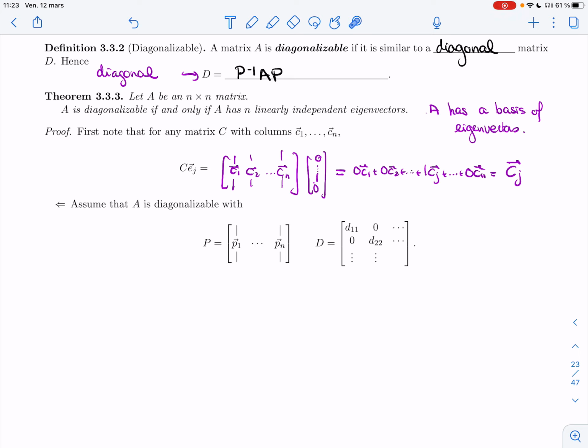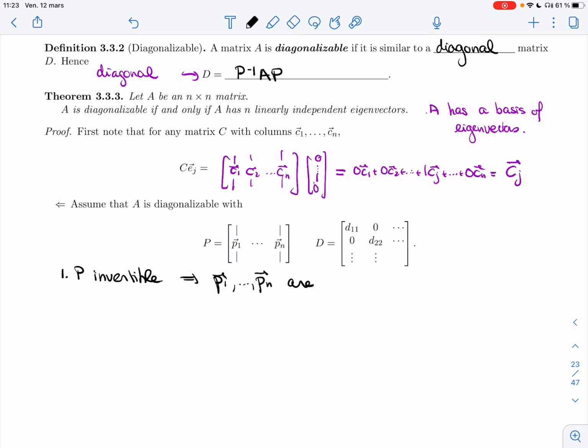All right, so assume that A is diagonalizable, and assume that I have the change of basis matrix P and I have this diagonal matrix D. So first thing is that P is invertible, and it needs to be, because there's P inverse right here. That means P1 through Pn, the columns, are linearly independent.